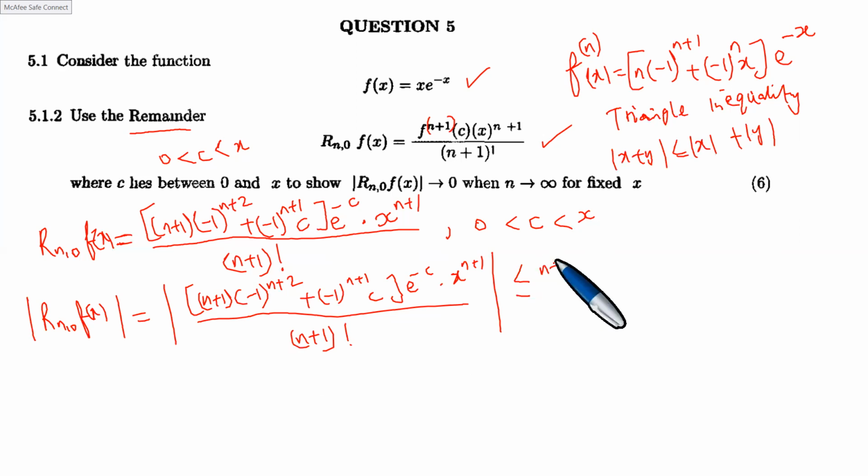The n plus 1 is okay. You can put the absolute value here, but it's positive. Just put round brackets around it. The absolute value is going to make this one positive, and the n plus 1 as well, but it's already positive.